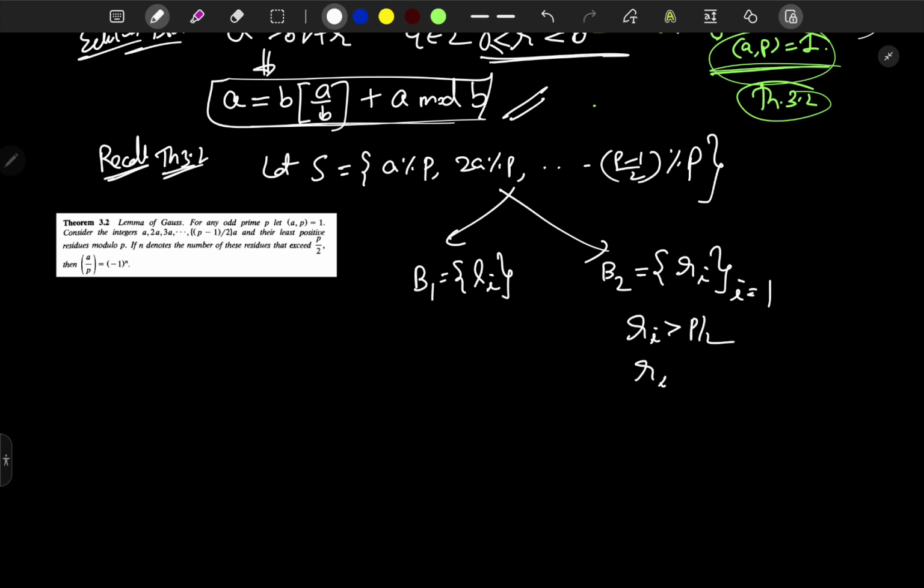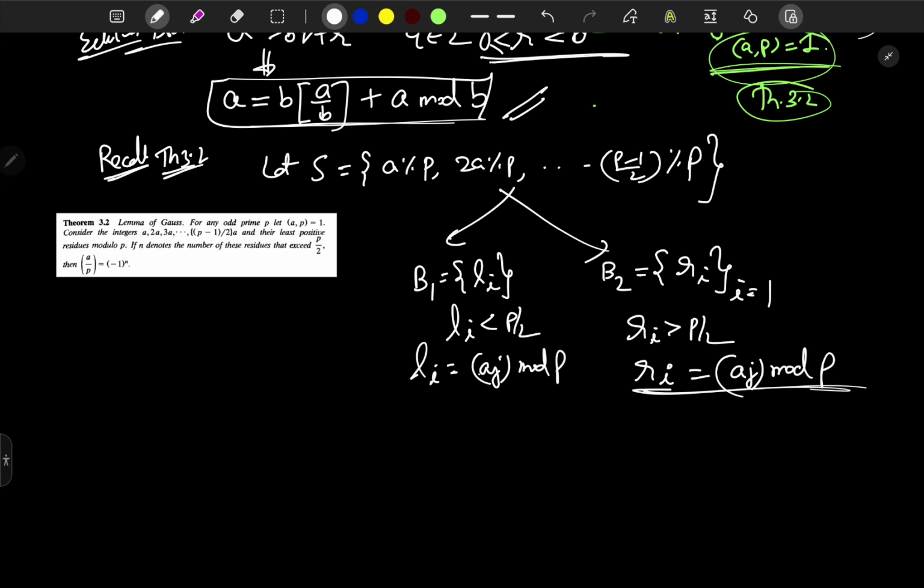What is ri? Ri is nothing but aj mod p. This is the thing where li is less than p by 2, where li equals aj mod p.